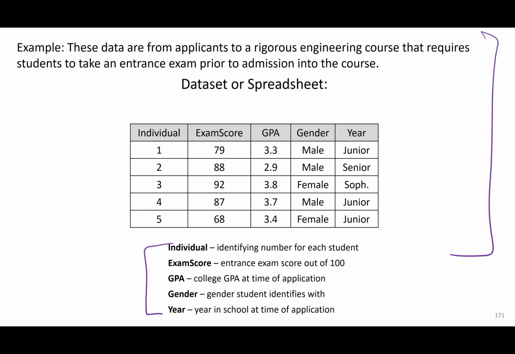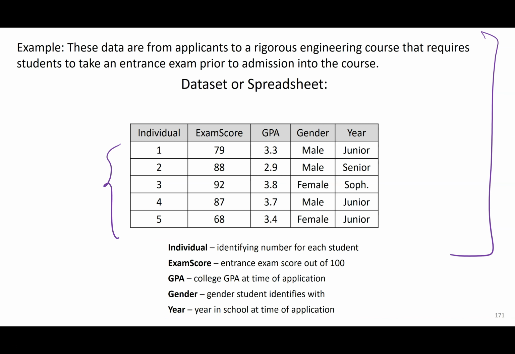Here they defined what each of the variables are, which is nice. It's very handy when they include a legend. I believe we now posted the ST314 student survey data set, and it has a similar key that tells you the variable name and what that variable name stands for.